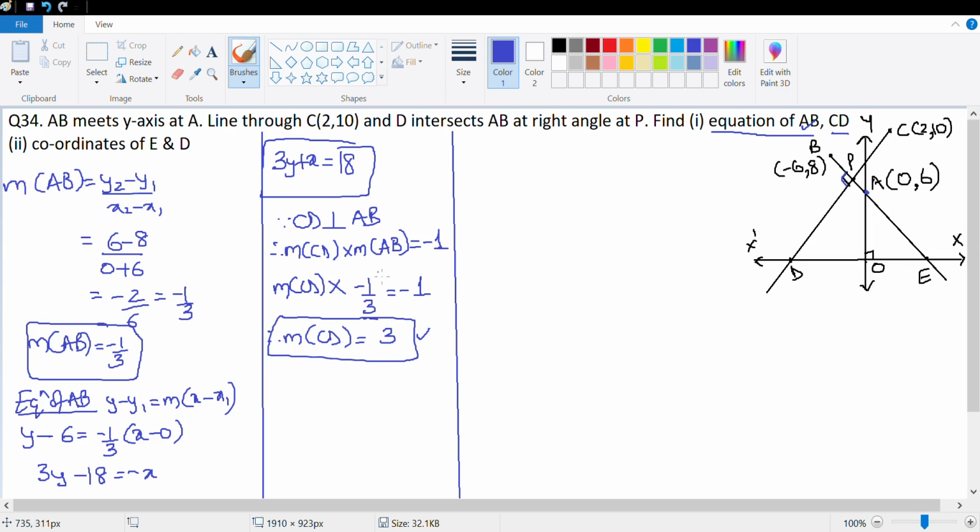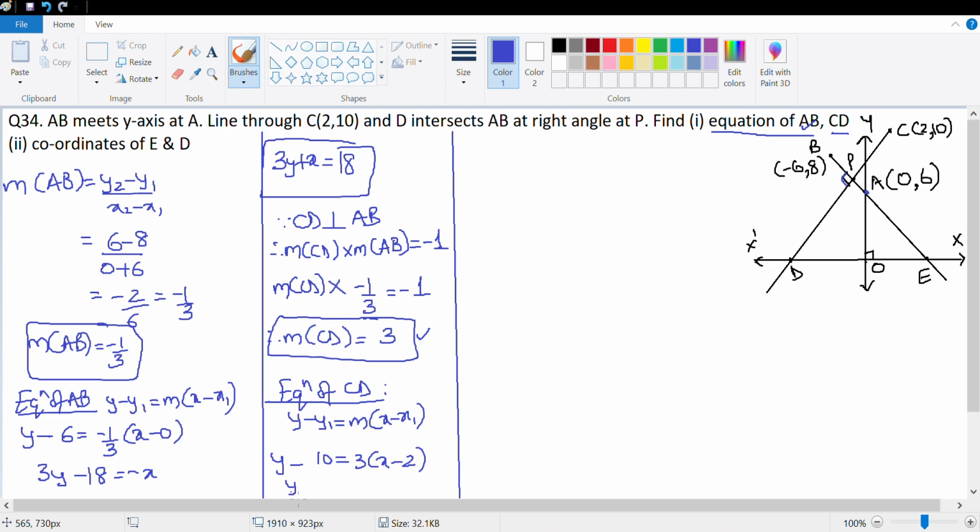Perfect. So we know the slope of CD. Now we need to find the equation of CD. So equation of CD would again be given by y minus y1 is equal to m times x minus x1. In this case, it is passing through (2, 10). So y minus 10 is equal to m, 3, times x minus 2.